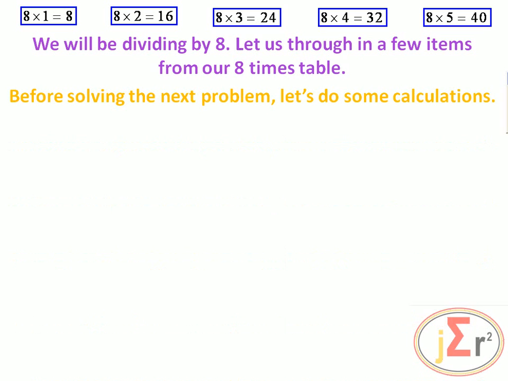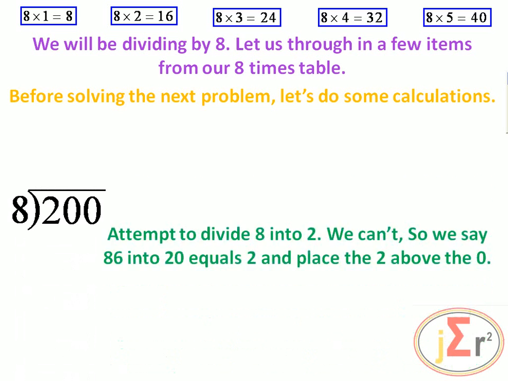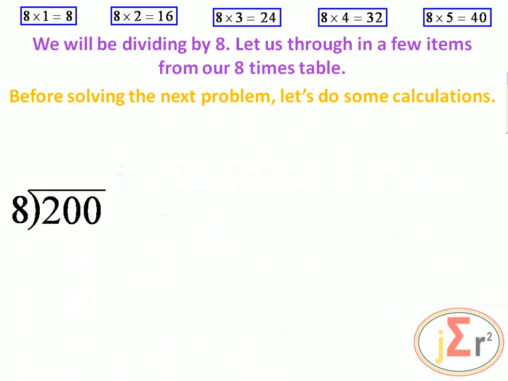Before solving the next problem, let us do some calculations, and we will use these calculations as background information in solving the problem. There we have 200, and we intend to divide 200 by 8. Help me now, Jerry. We are dividing 200 by 8. 8 into 2.